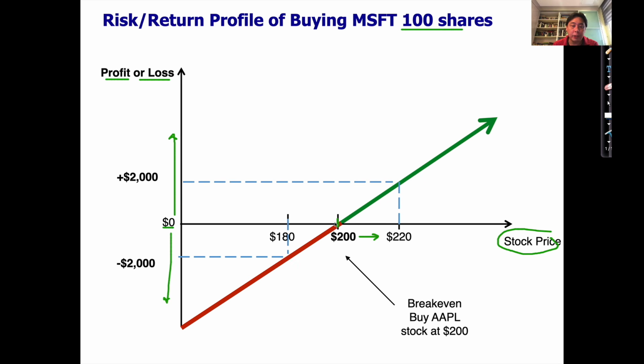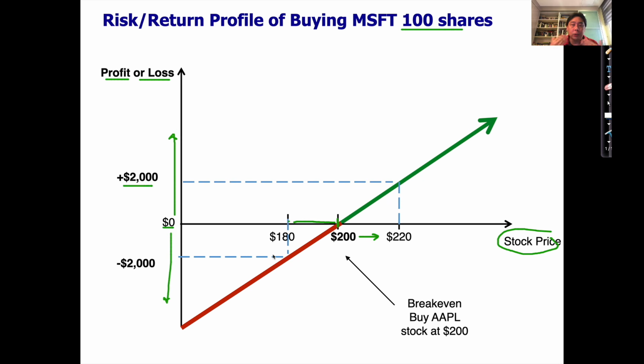If the stock price drops below 200 to say 180, you make a loss. That's how this chart displays itself. If Microsoft goes up by $20, and $20 times 100 shares, you make $2,000 profit. If Microsoft drops by $20 and you multiply that by 100 shares, you lose $2,000.